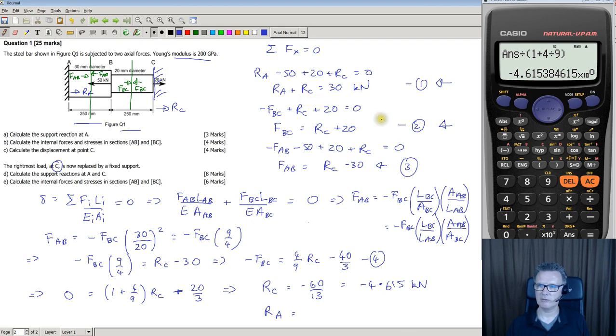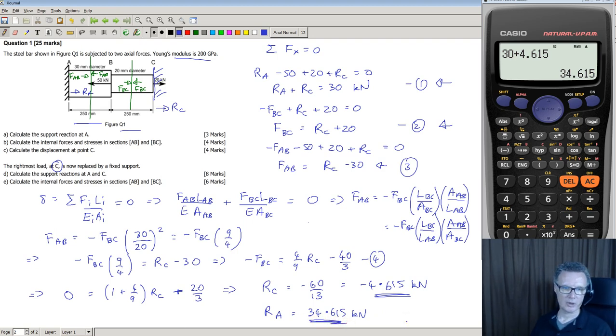So that's going to give me 30 take away RC, which becomes a plus 4.615. Yeah, I could have done that in my head. 34.615 kilonewtons. So that's part D.